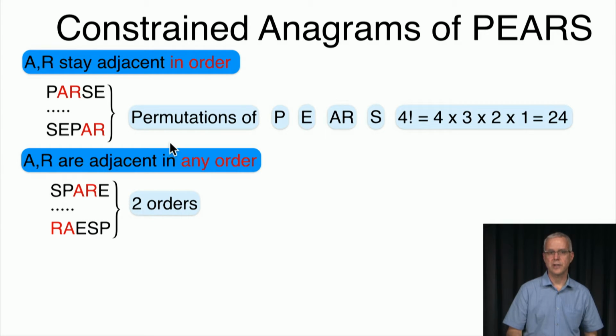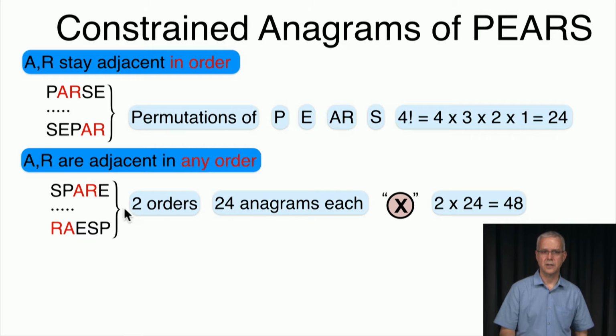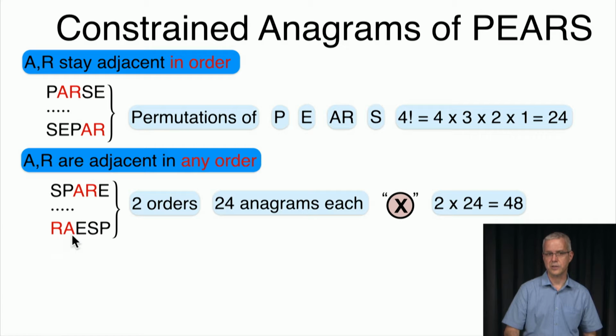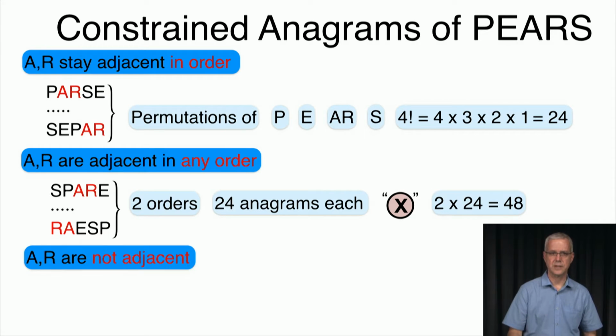And for each order, as we've seen before, there are going to be 24 ways. So the total number by the product rule is 2 times 24, which is 48. Because these 2 types of anagrams are disjoint, are distinct. Those that have AR and those that have RA are different, so they add up, and by the multiplication rule, we get 2 times 24, which is 48.